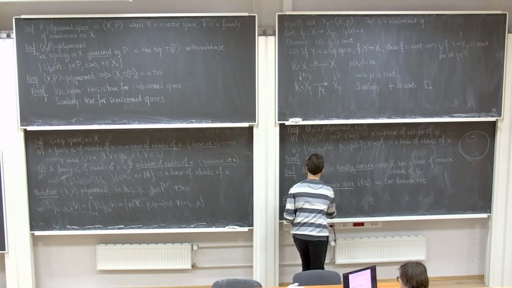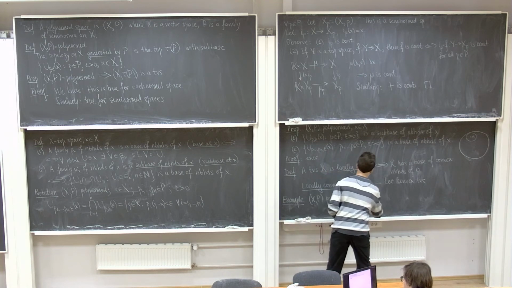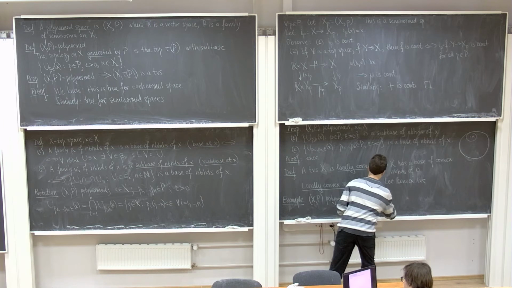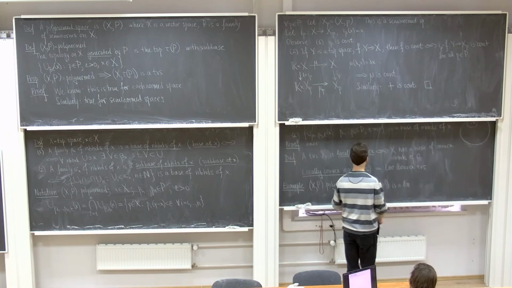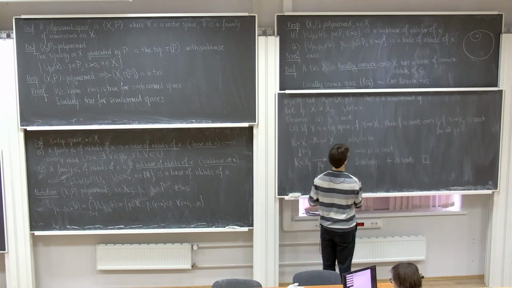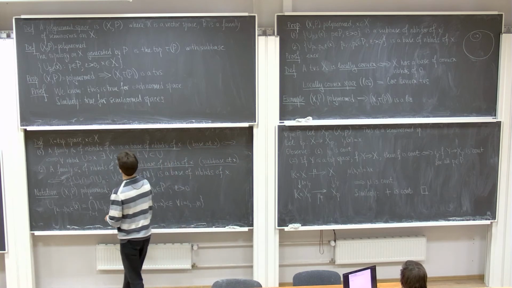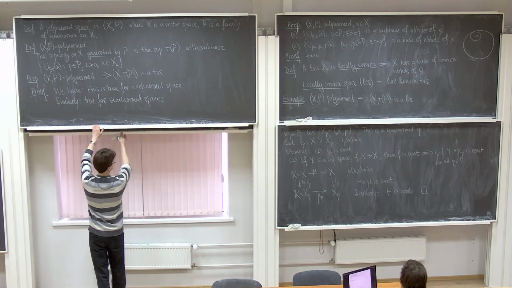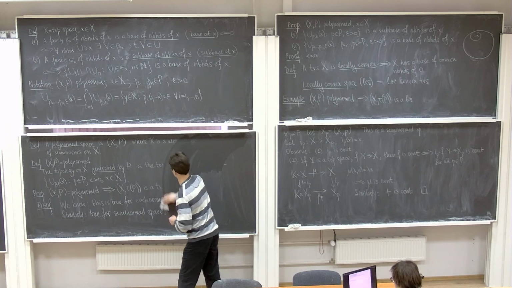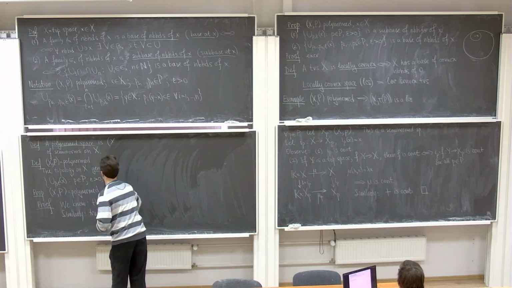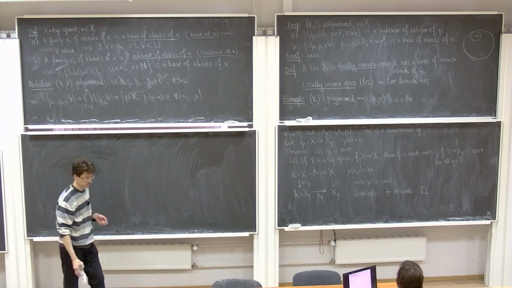If X is a polynorm space, then X, together with the topology generated by P, is a locally convex space. And it turns out that the converse is also true.